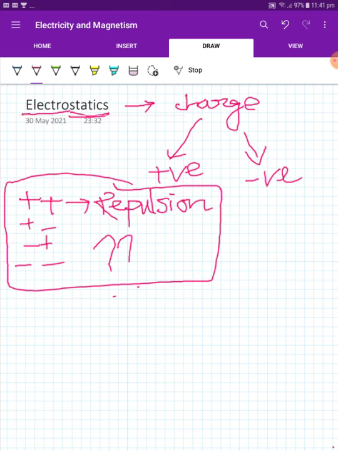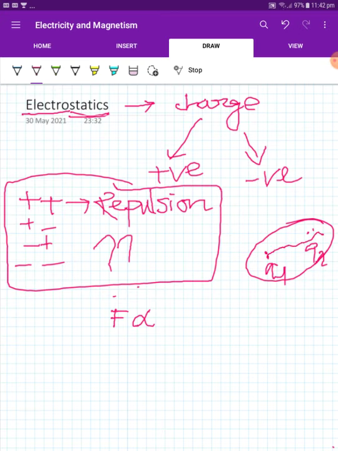The concept about the force between 2 point charges was given by the scientist Coulomb. From Coulomb's law, we get that the force acting between 2 point charges is proportional to the product of their magnitudes, and inversely proportional to the square of the distance of separation between them.